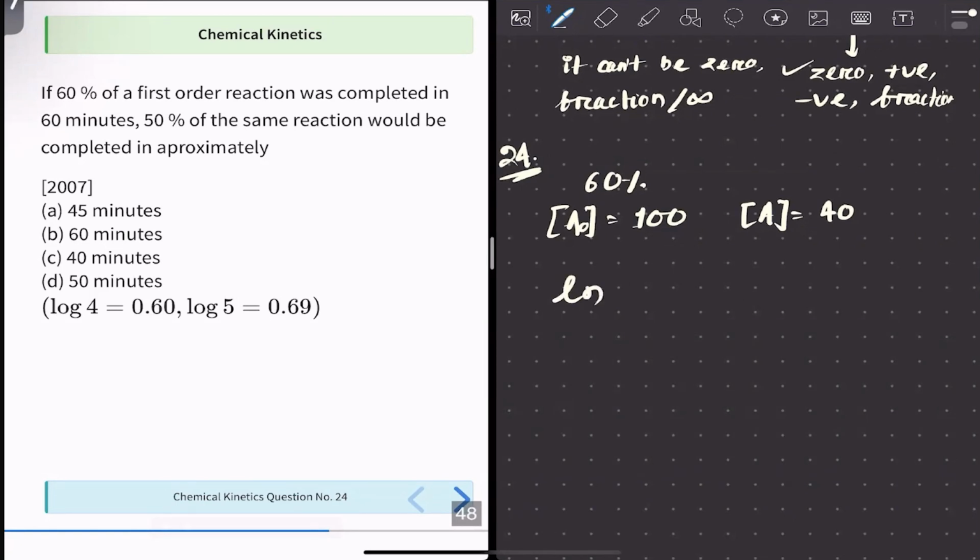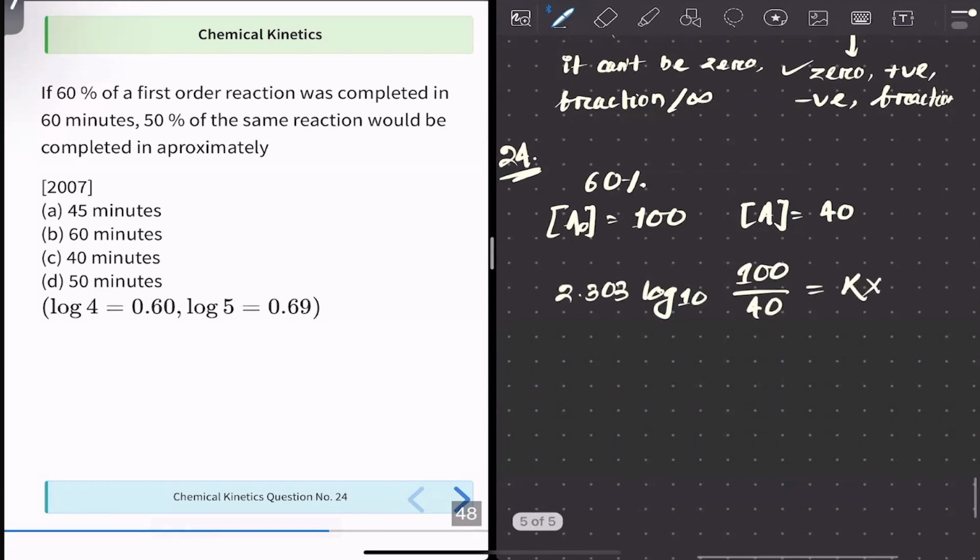Ln A naught by A, or write this way, 2.303 log 10 A naught by A, that is 100 by 40, is equal to K into time. What is the time given? 60 minutes. Equation 1.